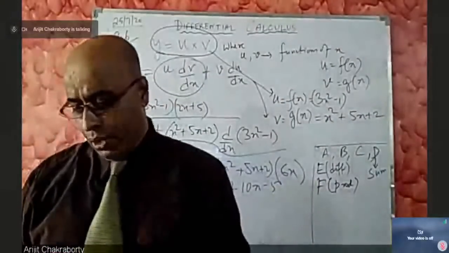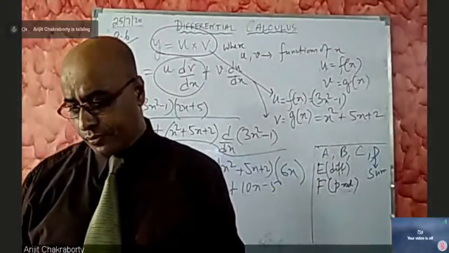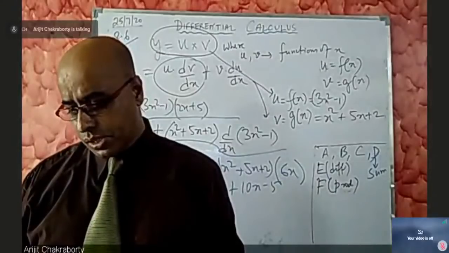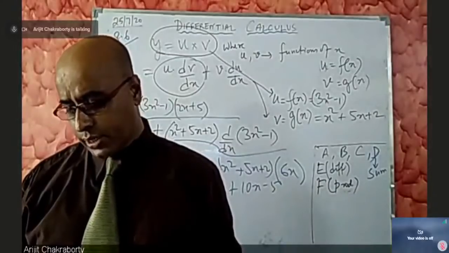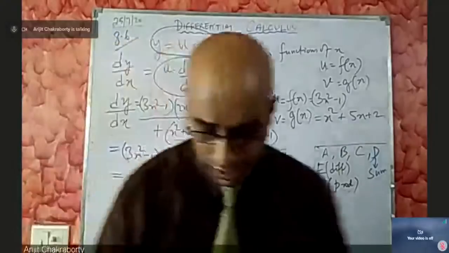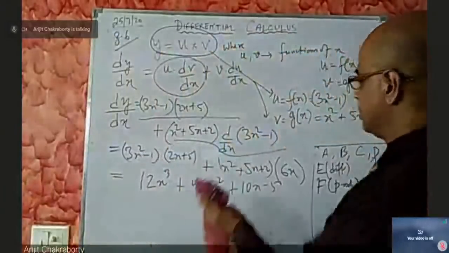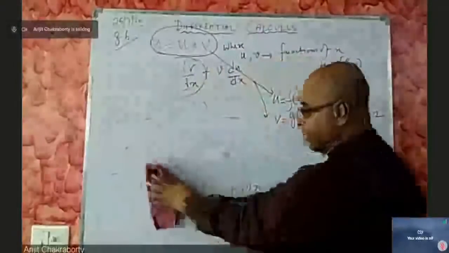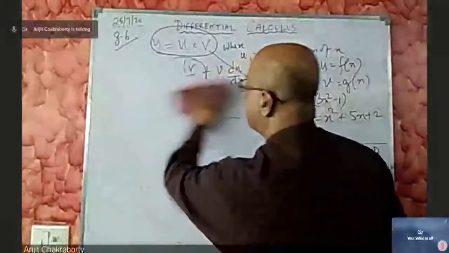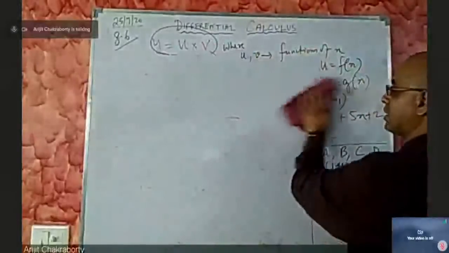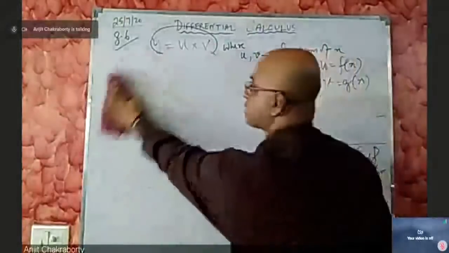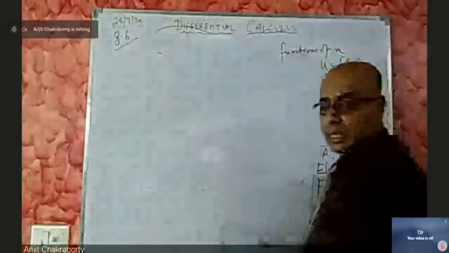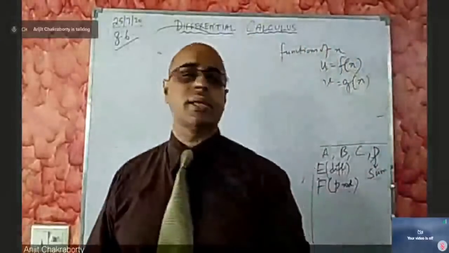Now we shall take one more example, another example of the product rule. I would request you to carry it out independently with me as I explain. I will take a little more time because I explain every step, and please appreciate the difference between mathematics and other subjects.